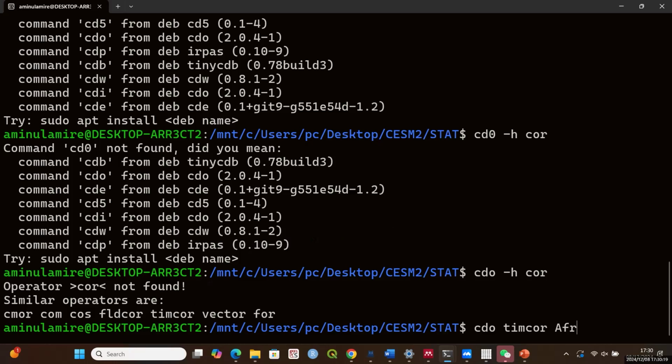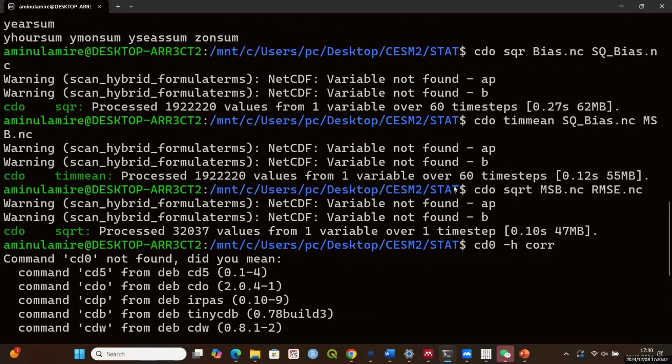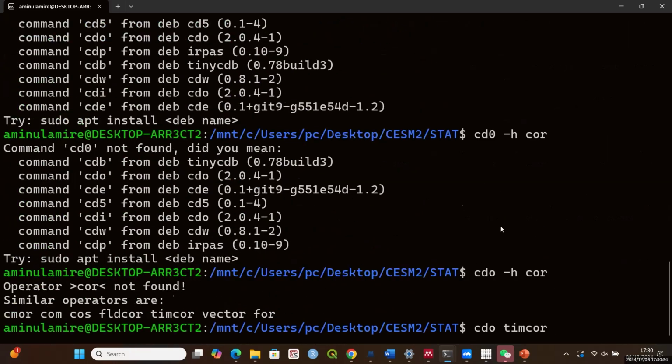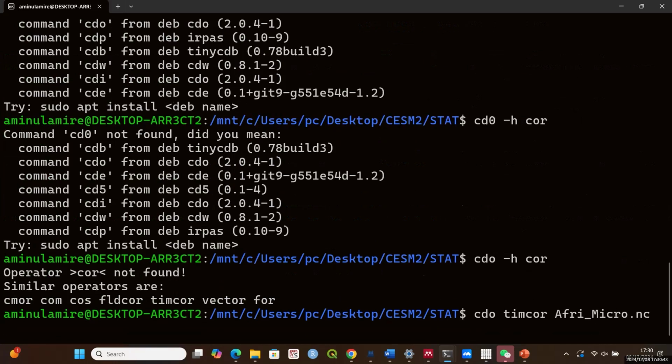So it is what and what? This one, Afri, and then the model one.